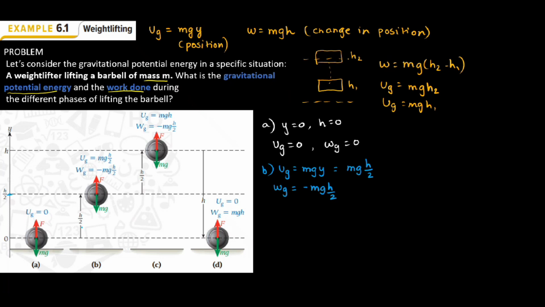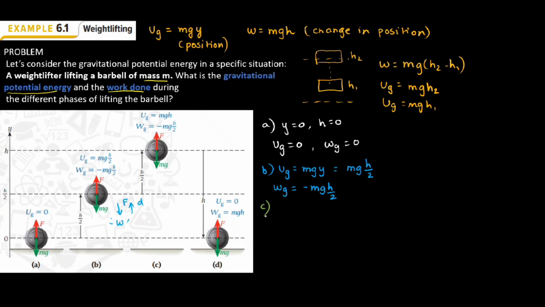Why negative? Because force due to gravity acts vertically down, whereas displacement of the barbell in this example is up. Whenever force and displacement are opposite in direction, work done by that force is taken as negative. So when we write work done as mgh, we take this work as negative whenever force due to gravity and the displacement are opposite in direction.